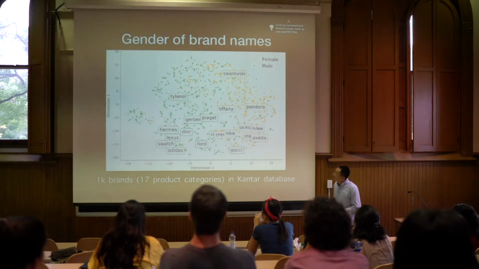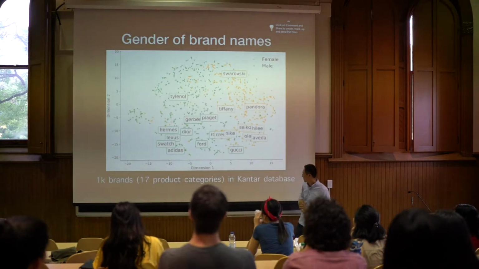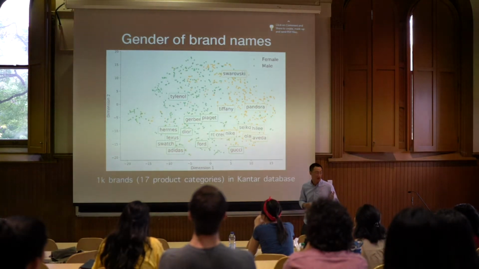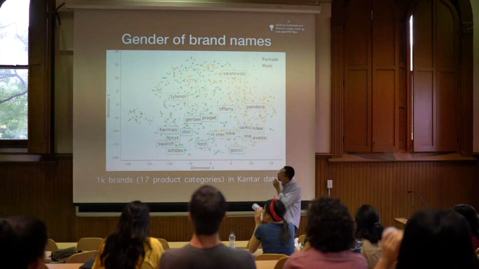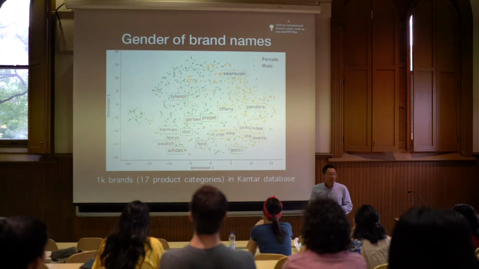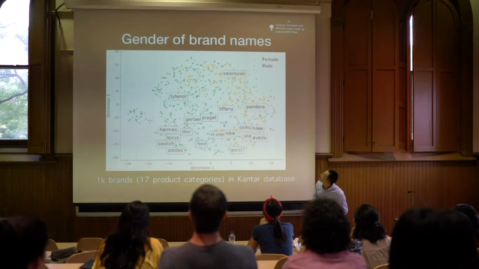Okay, so this is a 2-dimensional visualization of about 1,000 names that we have obtained from this Cantor database called American Product. In green here are what the model has predicted as male, and in orange here is what the model has predicted as female.